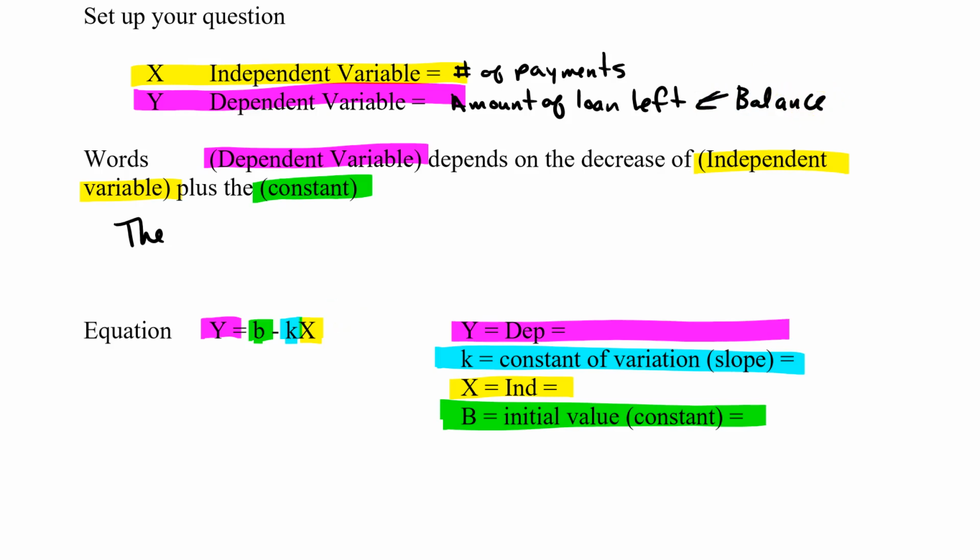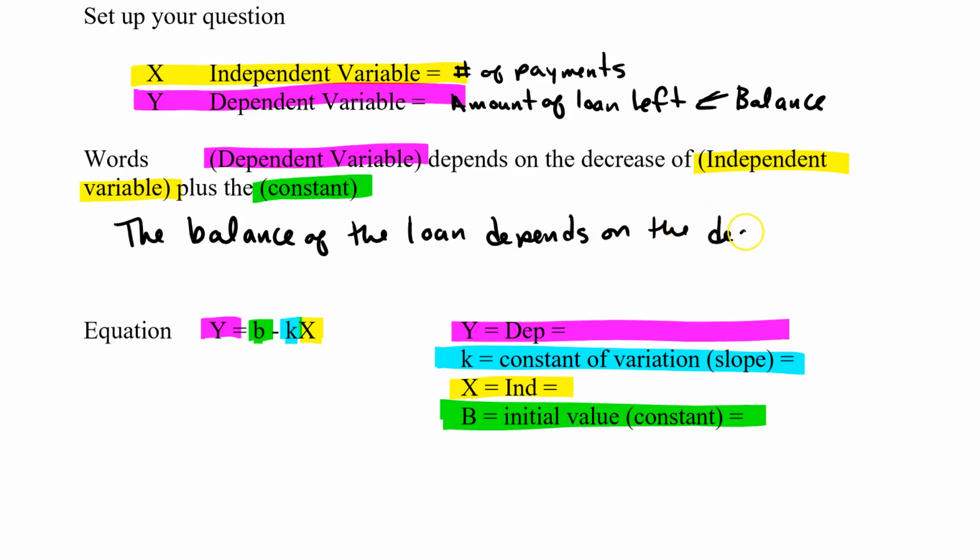So the balance of the loan depends on the decrease of $50 per month plus $750.